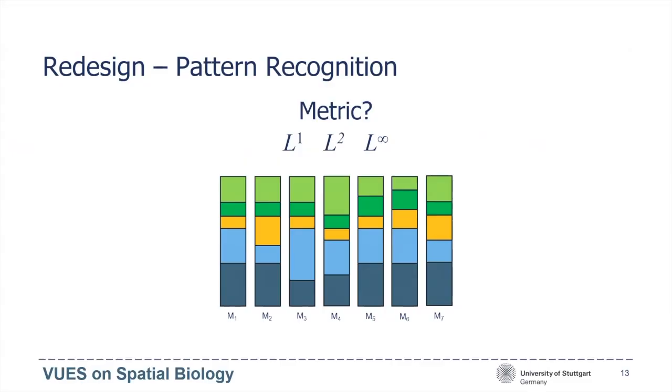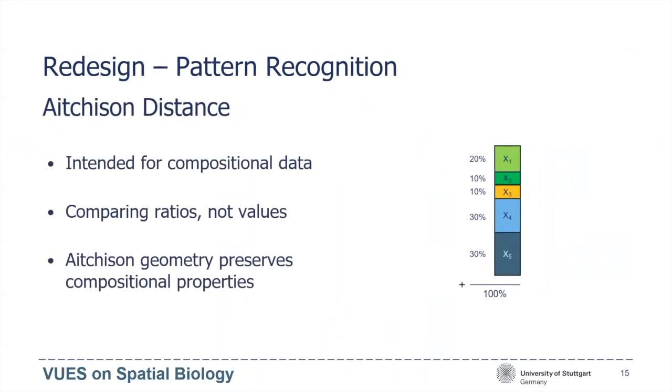We were inspired by other research that deals with the analysis of this kind of data, and decided to use the Aitchison distance. So what is the Aitchison distance? This is a metric introduced by John Aitchison and is intended for compositional data. Compositional data lives in a special space where the parts of a whole sum up to 1.